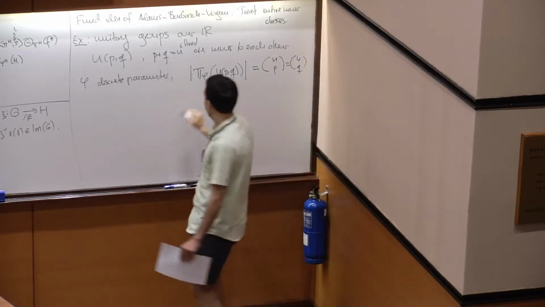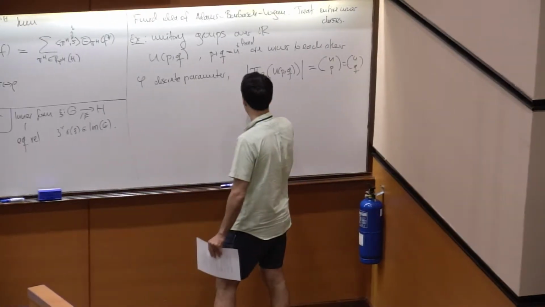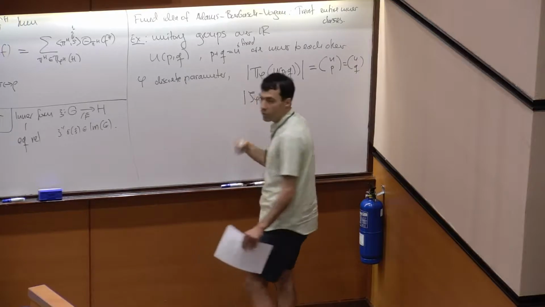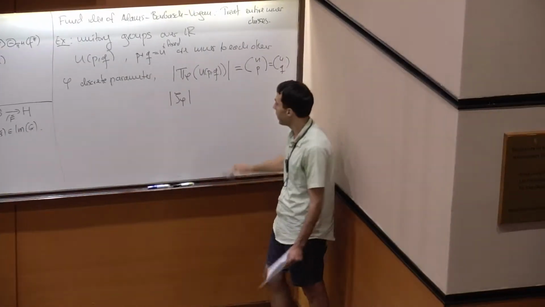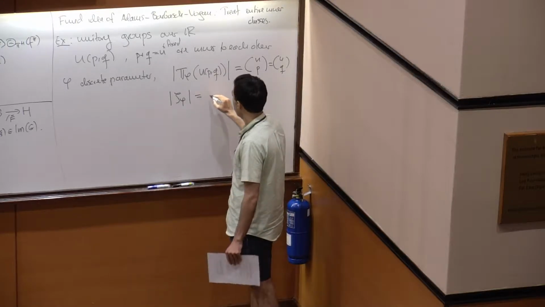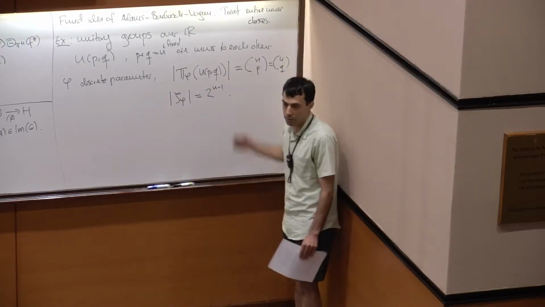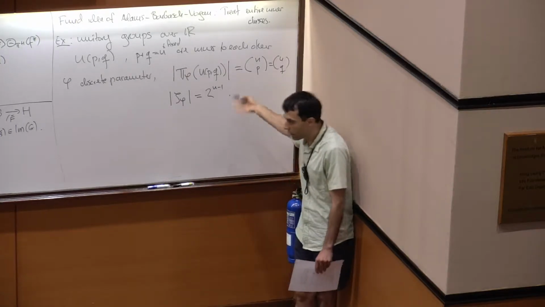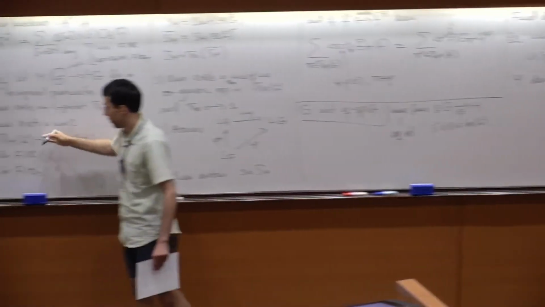On the other hand, the size of this group script S_phi, which is an abelian group, so its size will be equal to the size of its irreducible representations, this is 2 to the n minus 1. So there seems to be some serious mismatch between this side and that side.